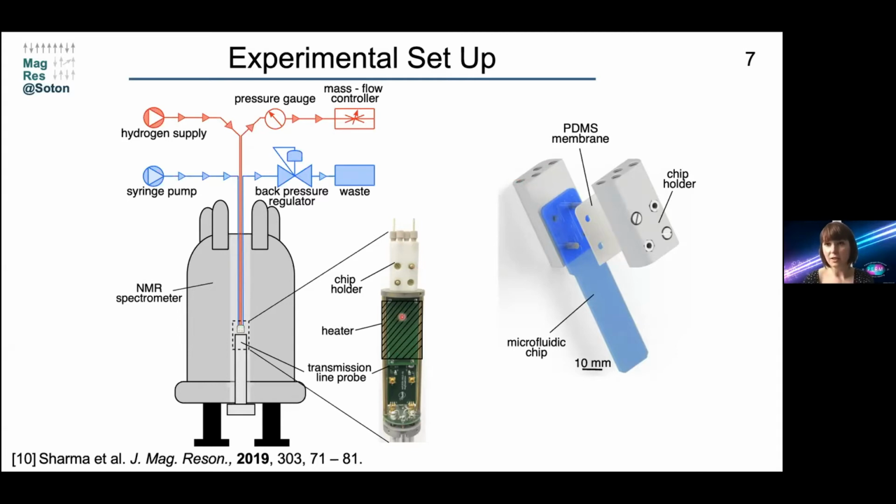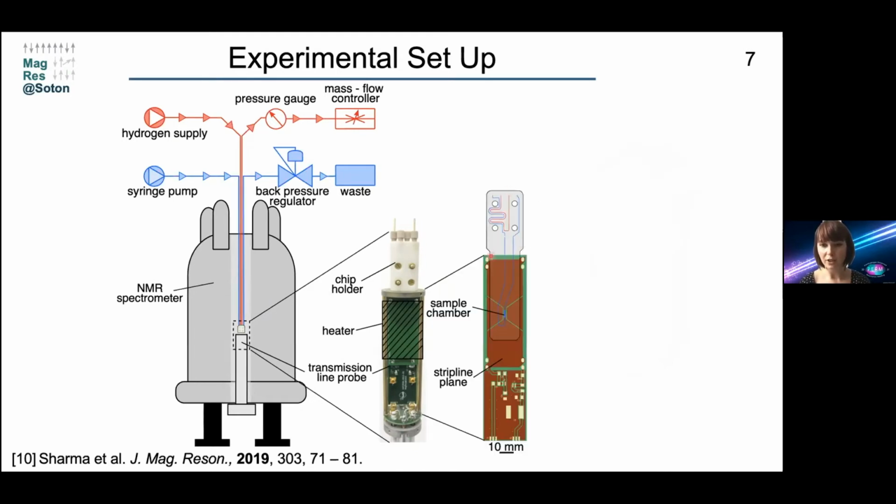The reaction is performed at 50 degrees, so elevated temperature, and we achieved that by clamping a heater on the chip, so it only heats up the sample chamber, whereas the top of the chip, where the hydrogen dissolves, stays cold in order to enhance the amount of hydrogen that we can dissolve.